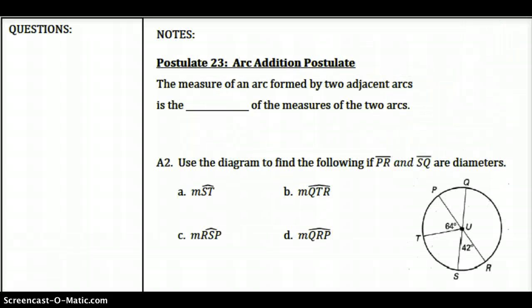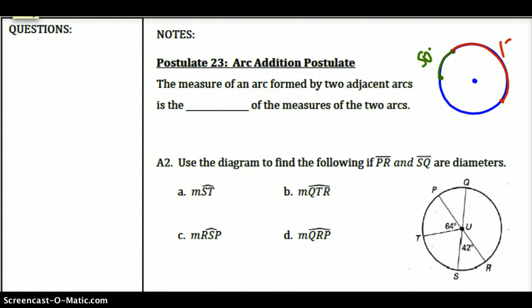Continuing, we have a postulate here. And again, if we have a circle and we have adjacent arcs, let's say that this one is 50 degrees, and we have an adjacent arc here that's 150 degrees.